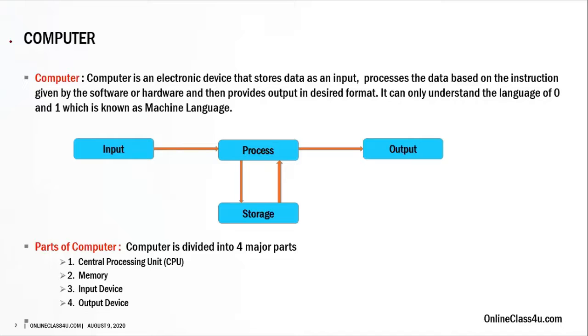He is the first man who designed the analytical engine of the computer. So there are four parts of a computer: central processing unit, memory, input device, and output device. Now we'll discuss these four parts one by one.